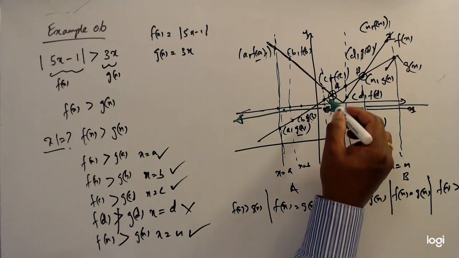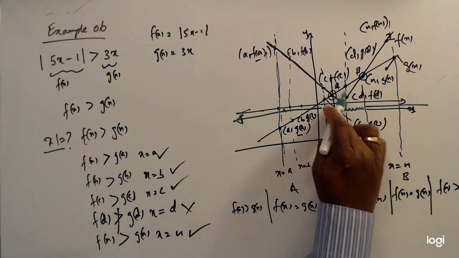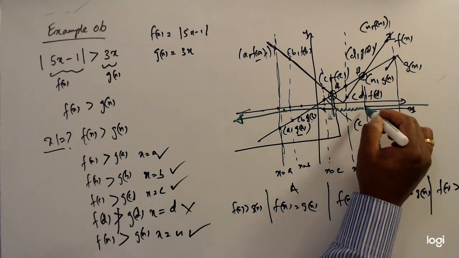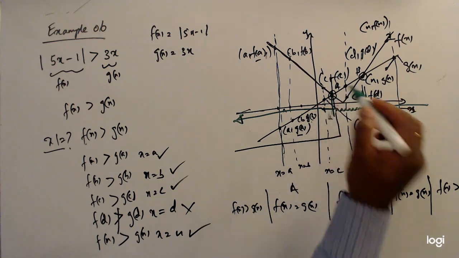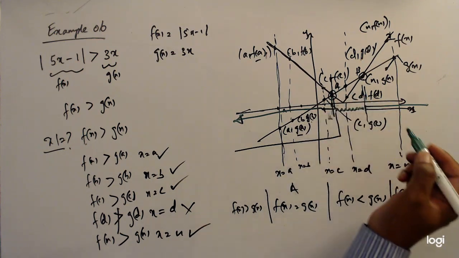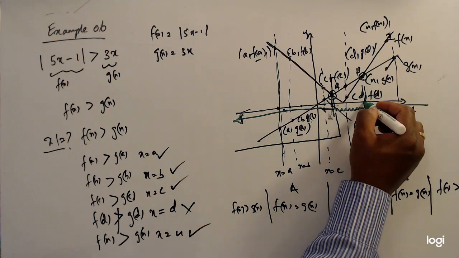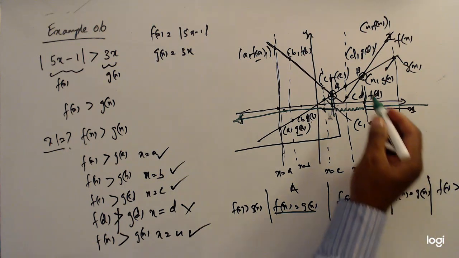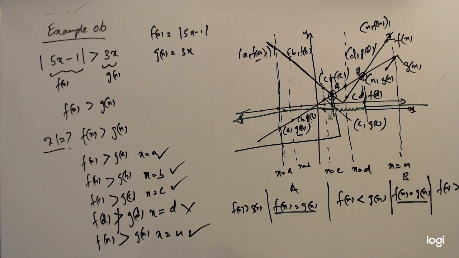To express it as an interval, this is a and this is b. I need to find the x value belonging to a and the x value belonging to b. So I have to solve: at this point fx equal gx, and at point b also fx equal gx.